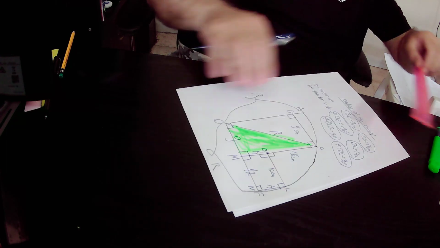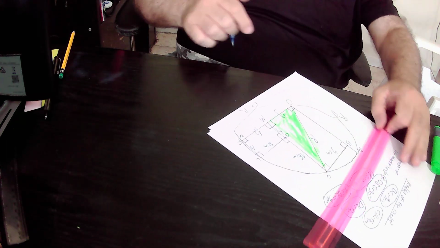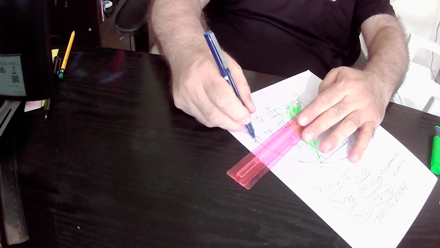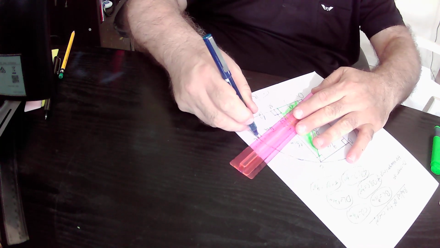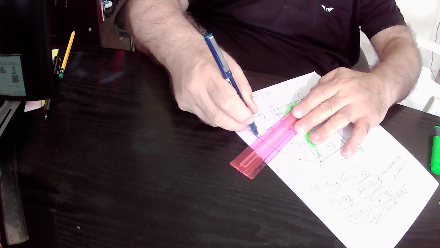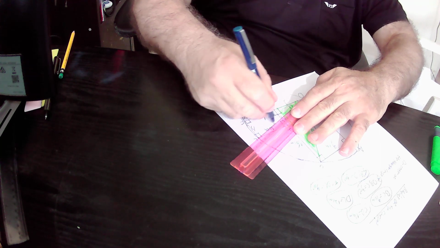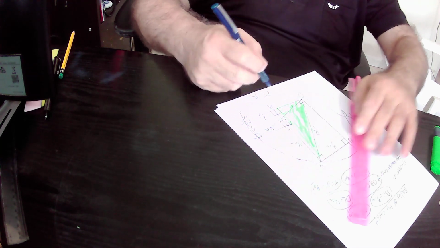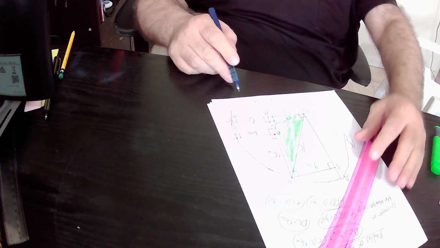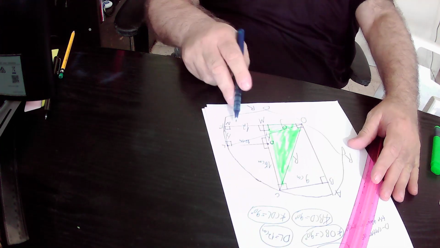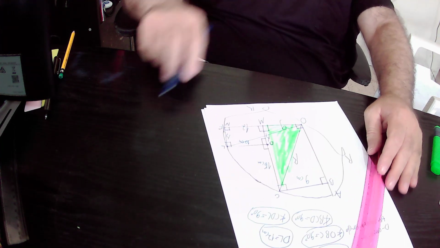we join points O and L together by a straight line. By joining points O and L together by a straight line, actually we created here a triangle OLM.